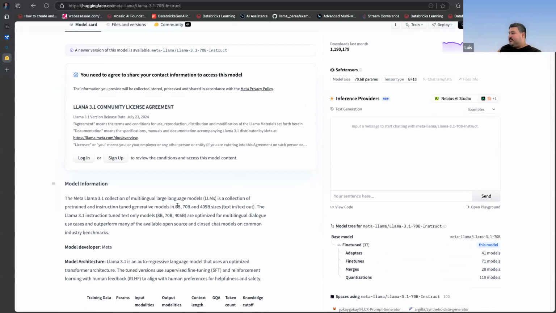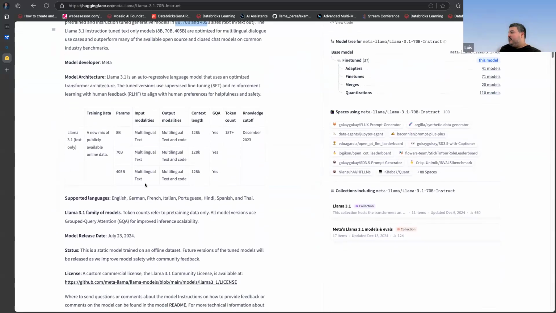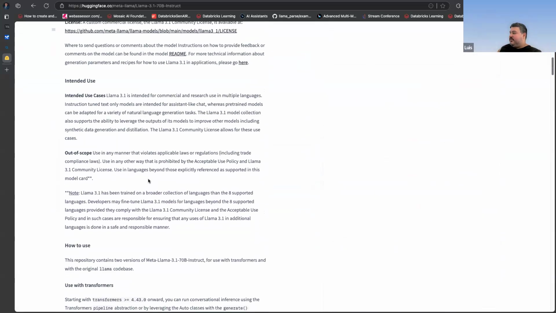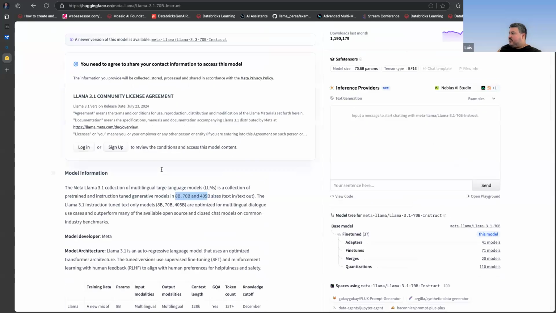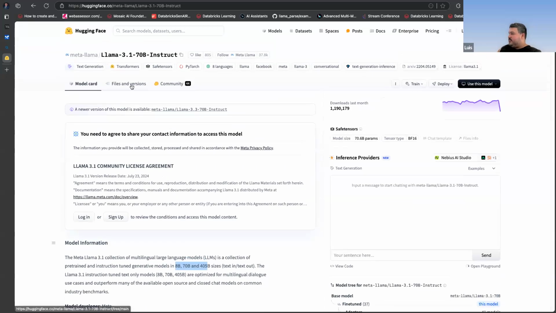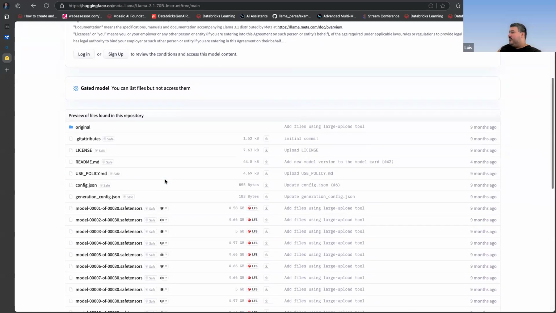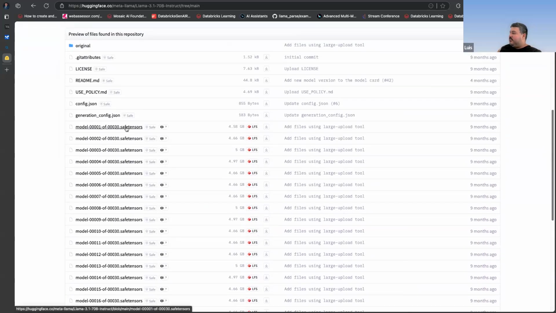Llama has different sizes of models: 8B, 70B, 405B. So what does that mean? 70B doesn't mean you need 70 gigs of memory. How big is this model? If I go to files, I can see that the model is broken down into different shards, 1 of 30, 2 of 30, and each one is about 5 gigs.